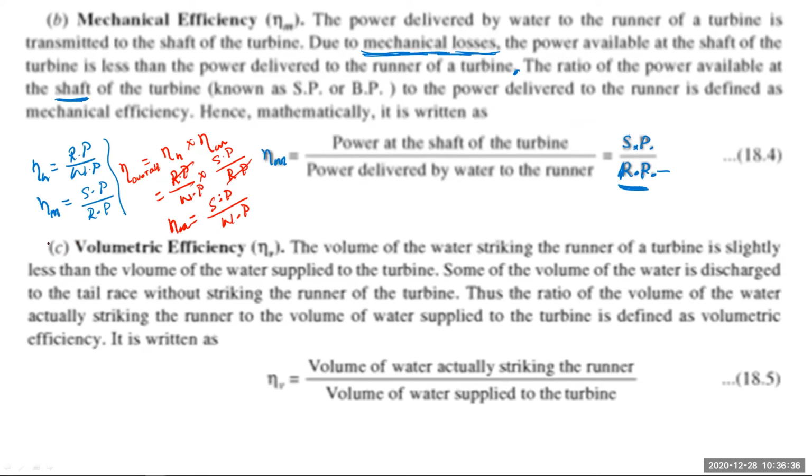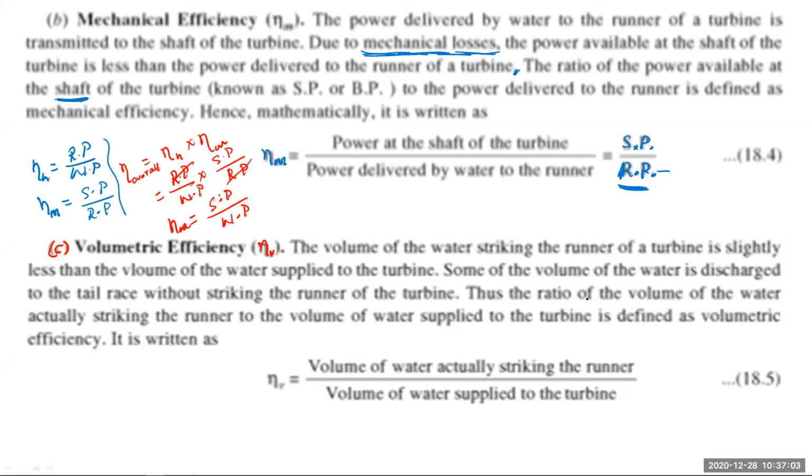First, see what this third efficiency is, that is your volumetric efficiency, represented by eta V. The volume of water striking the runner of a turbine is slightly less than the volume of water supplied to the turbine. Some of the water is discharged to the tail race without striking the runner of the turbine.